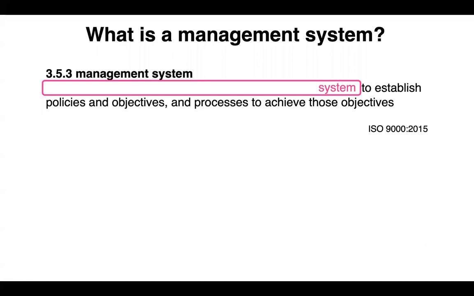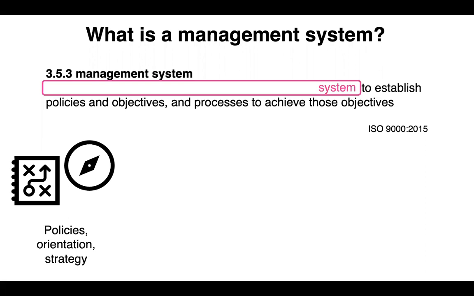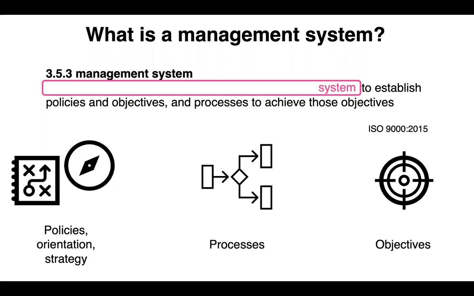Let the definition sink in: a system to establish policies and objectives, then processes to achieve those objectives, the processes used to attain, to meet, to achieve those objectives. So think about the possibilities open. A management system can be a very lean entity focused on a desired future.